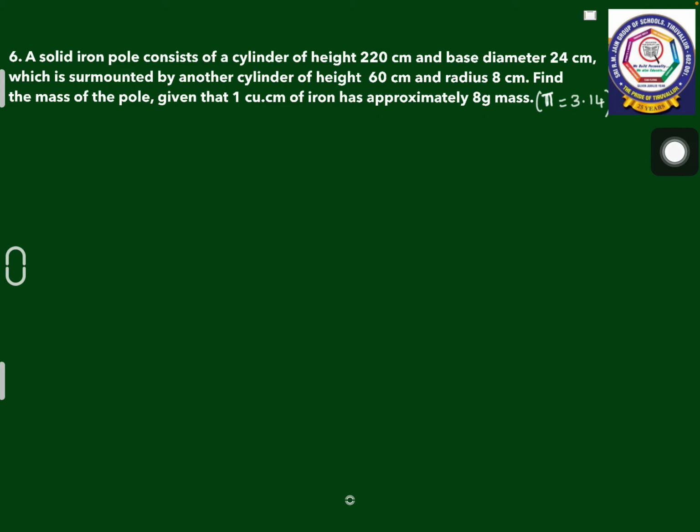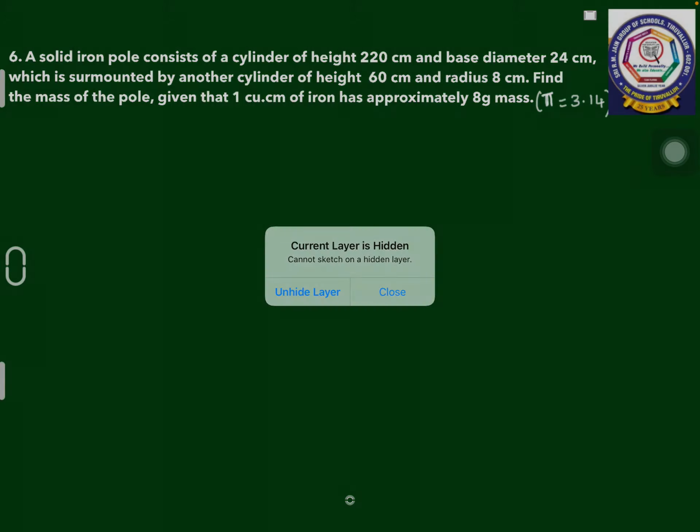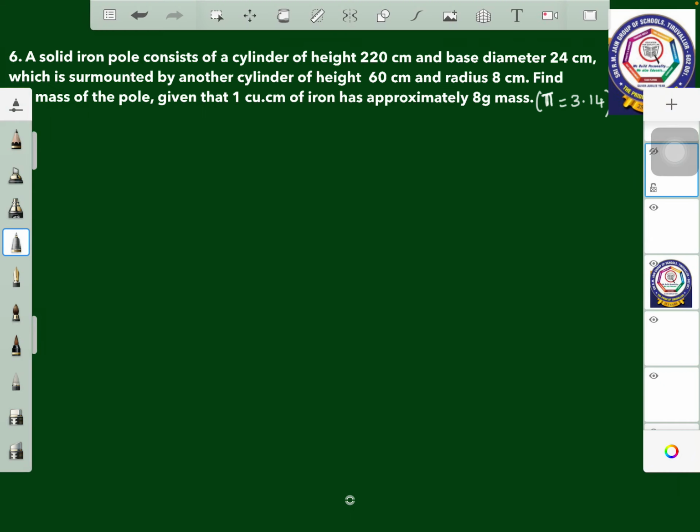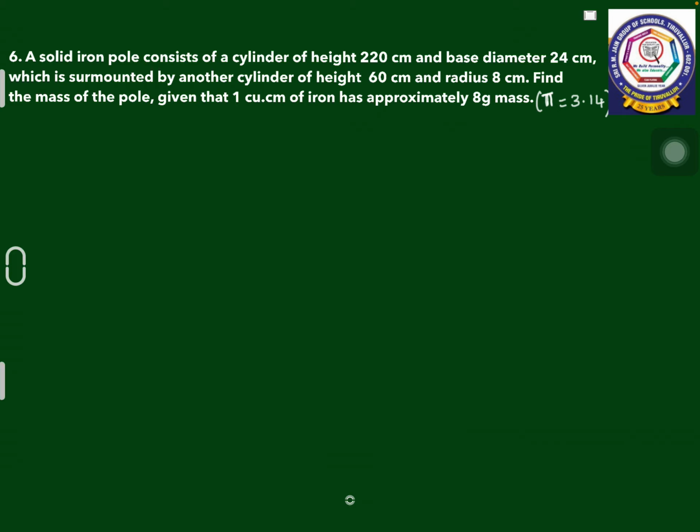So what is given? The solid iron pole consists of one cylinder surmounted by another cylinder. There is a cylinder, on the top of it there is another cylinder. So the pole consists of two cylinders.